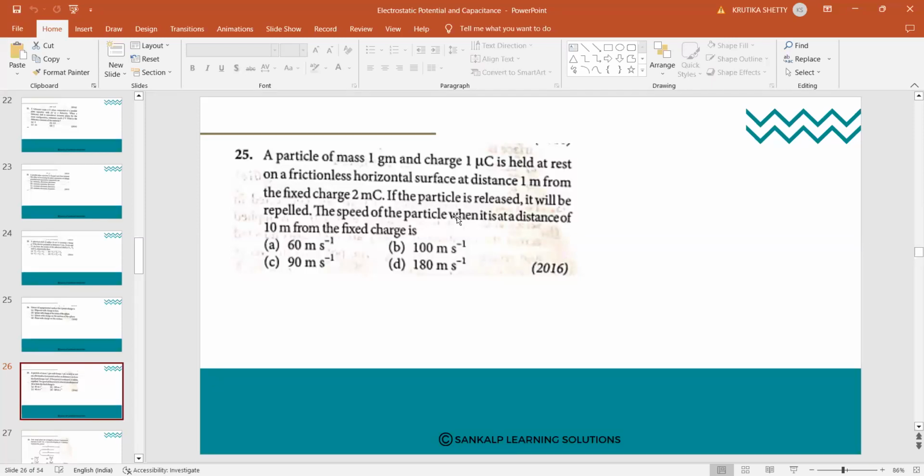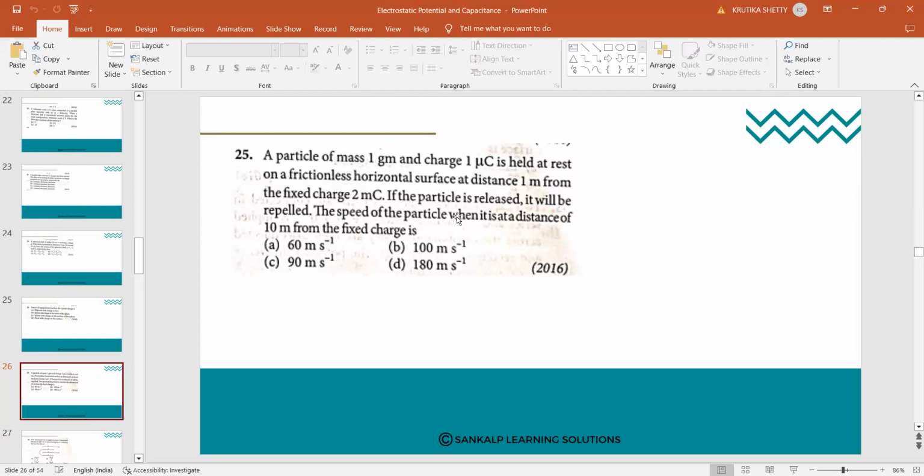You have a particle of mass 1 gram and charge 1 microcoulomb held at rest on a frictionless horizontal surface at a distance of 1 meter from a fixed charge of 2 millicoulomb. If the particle is released, it will be repelled. The speed of the particle when it is at a distance of 10 meter from the fixed charge is?